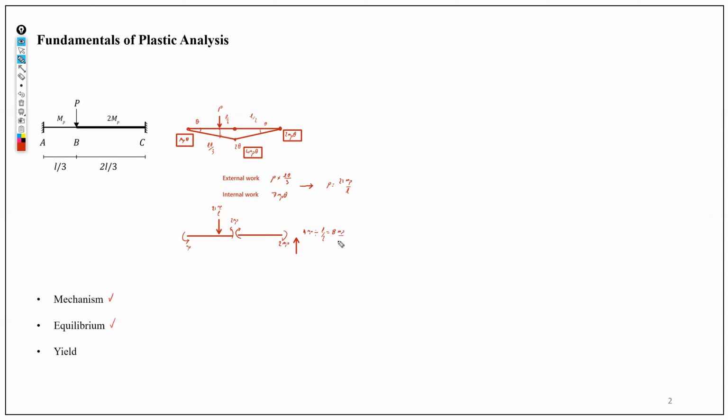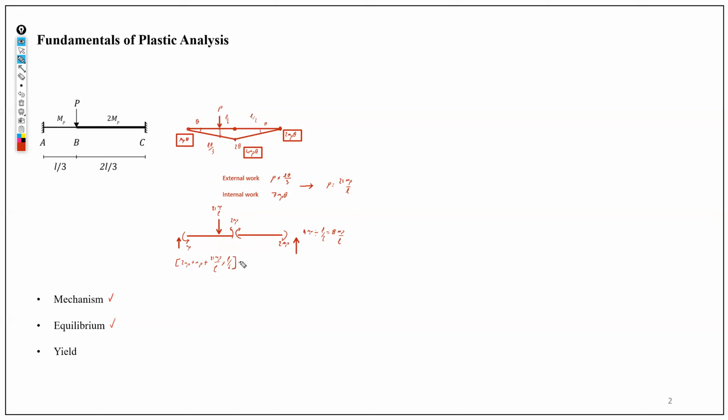For this side, the reaction, for example, let's assume it's R, will be 2 Mp plus Mp plus 21 Mp over L, and as you know here, this length is L over 6 multiplied by L over 6.